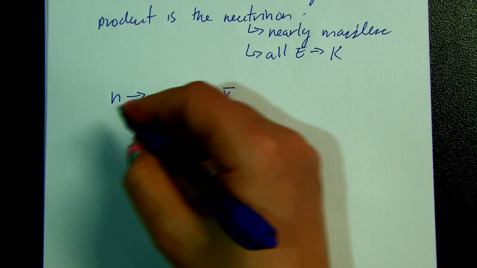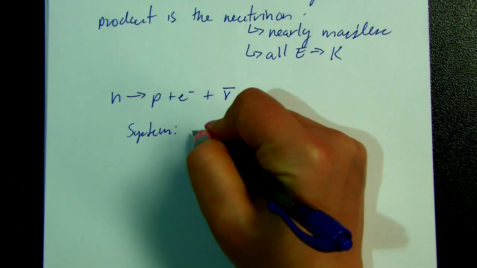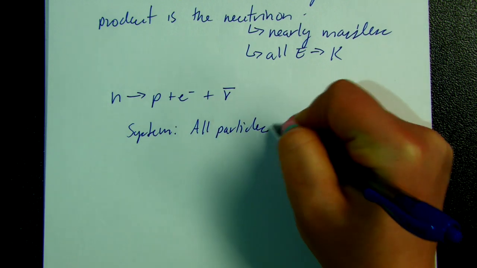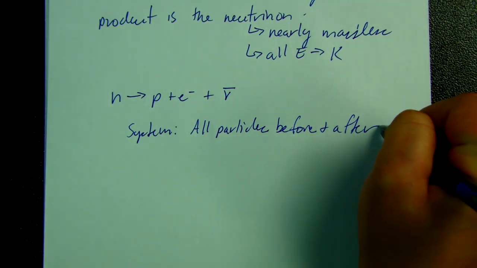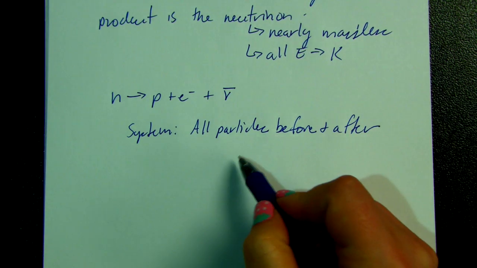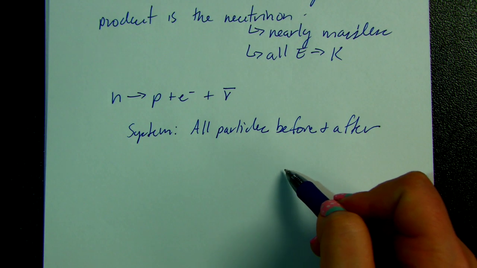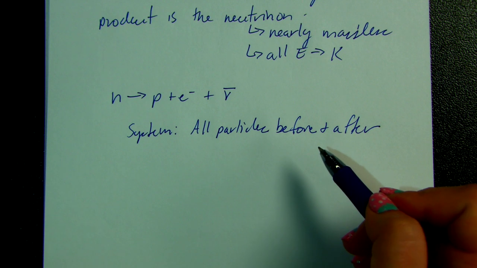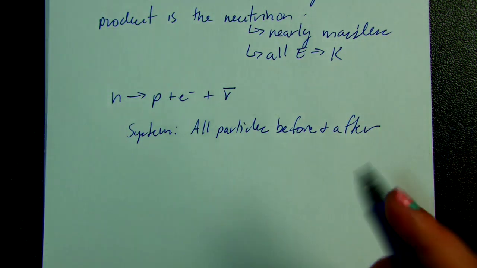So to set this up, once again, we need our system. This is going to be all particles before and after. So now, even though we're going to have an identity change, it's perfectly fine to say, whatever we start with, even if it's different than what we end with, this is still the same system.